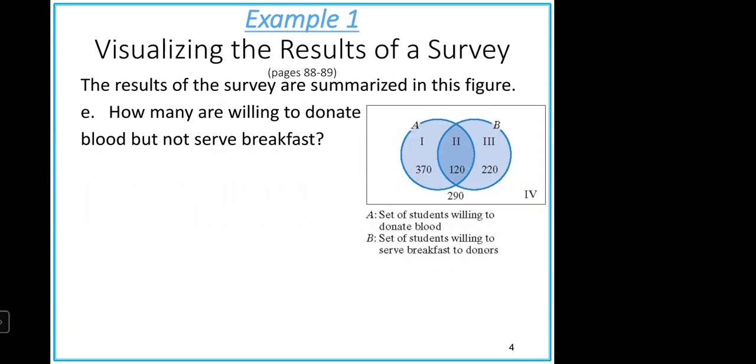Hi, sorry about that, I had an internet issue just now. This part E is asking how many are willing to donate blood. You're still breaking up a little bit. The question is on the screen. See if you could answer that question. How many are willing to donate blood but not serve breakfast?